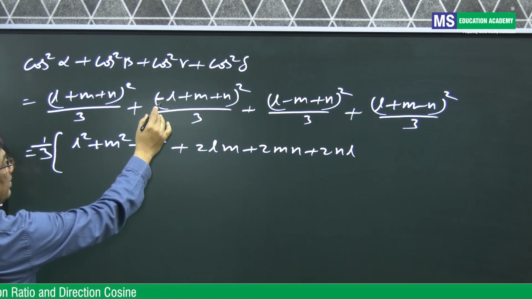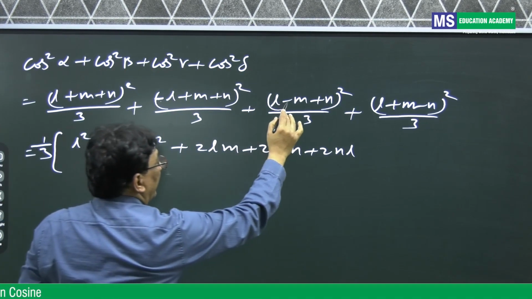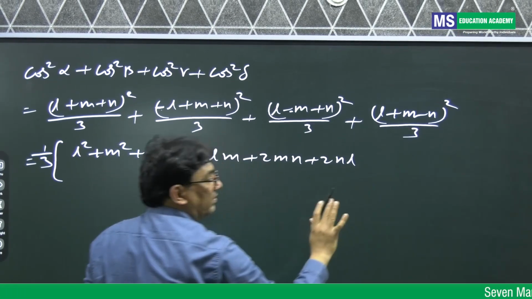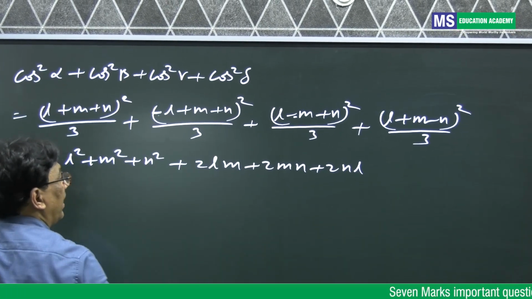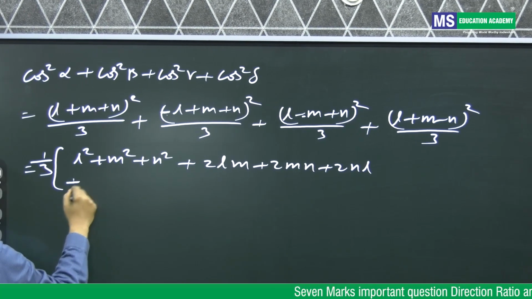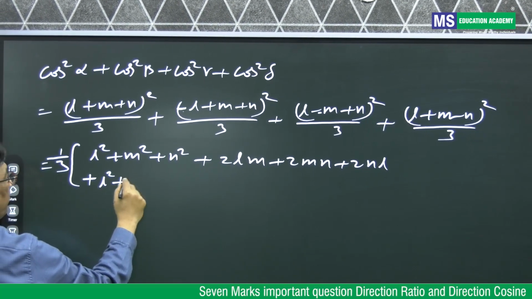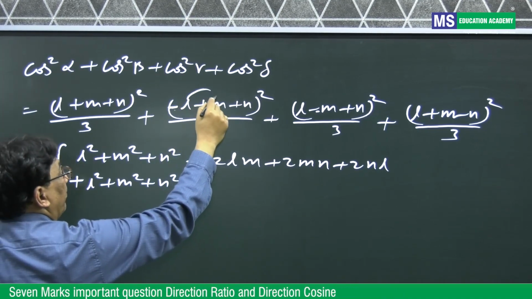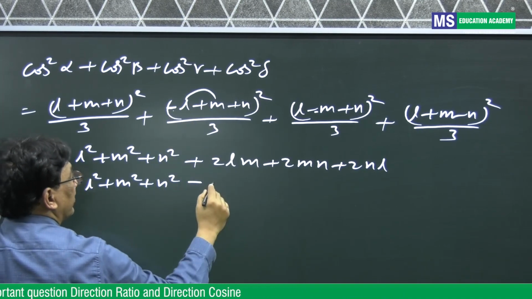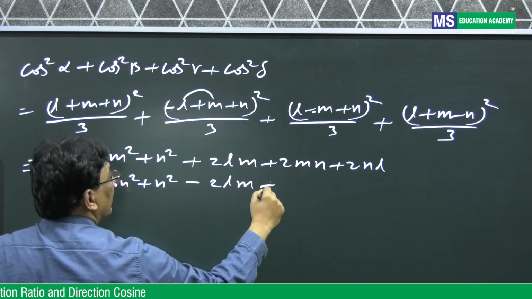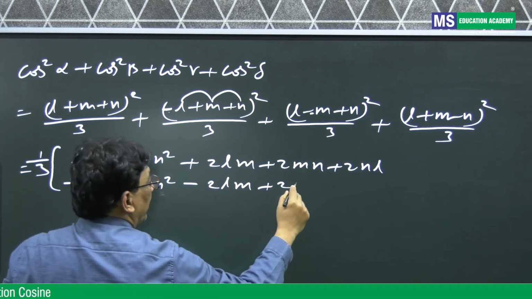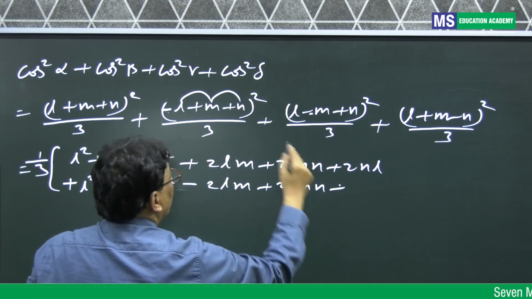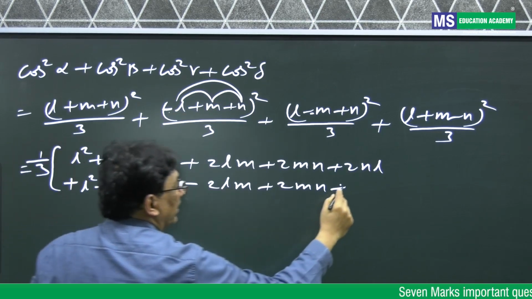Check in this one: minus L, M, N. Take care, just observe how those values are changing. Second: L square plus M square plus N square. Now LM, plus into minus, that's why minus 2LM; M and N, minus 2MN; N and L, minus 2NL.